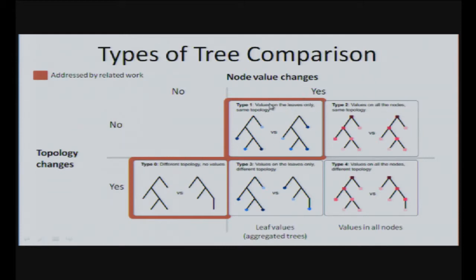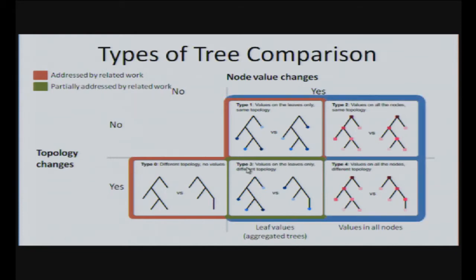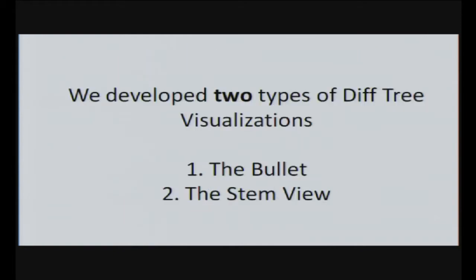People have studied this in the information visualization world. People have also partly addressed ways to visualize values on the leaves changing with different topologies. However, what we've tried to do is address all of these changes. So how can we visualize everything in the tree changing at any point in time, whether it's dynamic or static, node, topology, leaves, what have you.